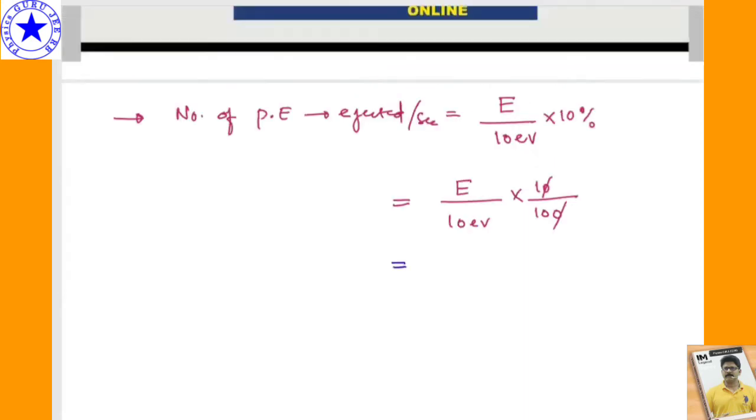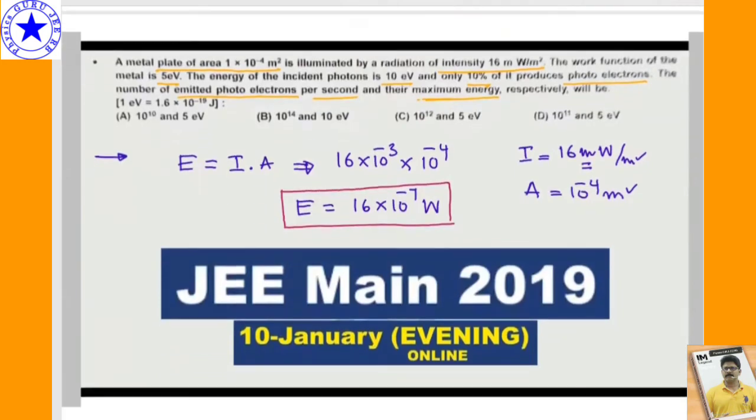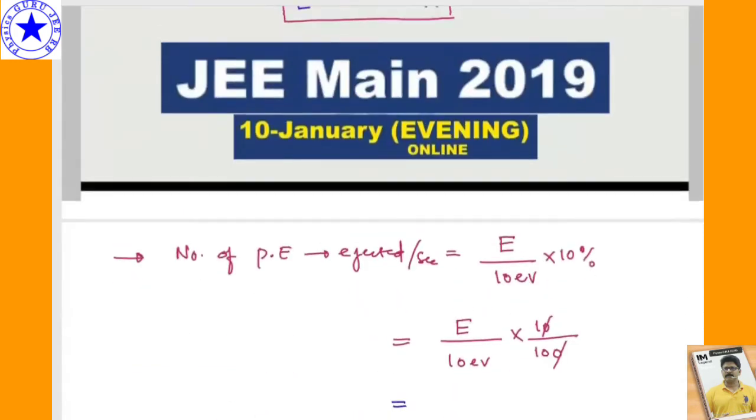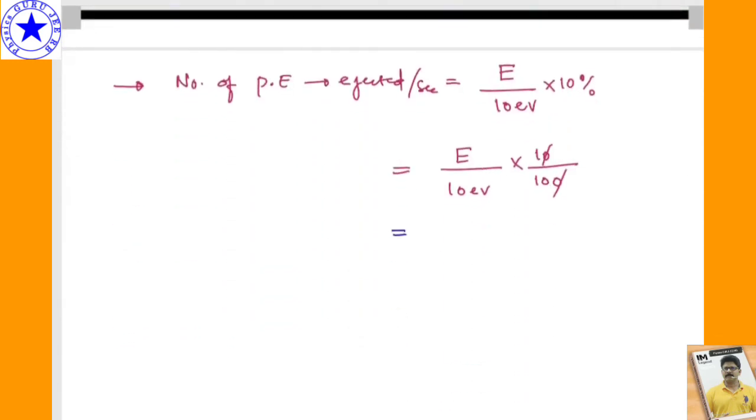E is already given. How much energy is given here? 10 electron volts, where 1 electron volt is 1.6 into 10 to the power of minus 19. E we already got: 16 into 10 to the power of minus 7 watts. Simply substituting, 16 into 10 to the power of minus 7 into 0.1 divided by 10 electron volts, where 10 electron volts is 1.6 into 10 to the power of minus 19.